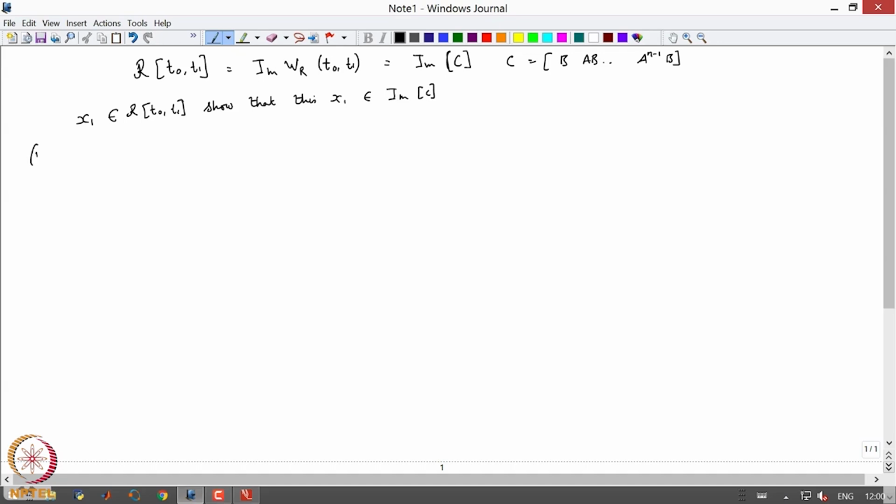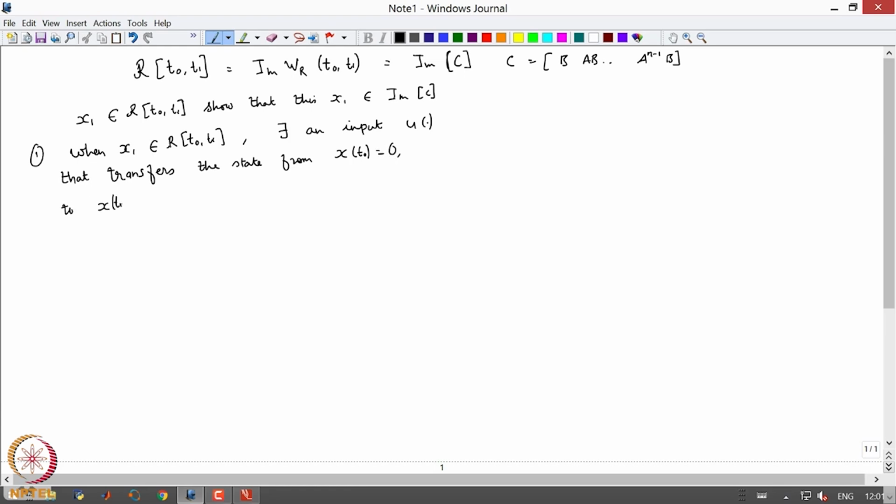Okay. So, first to verify this, when x1 is in the reachable subspace, there exists an input u that transfers the state from x at t0, which is the origin, to x at t1, which I call x1.